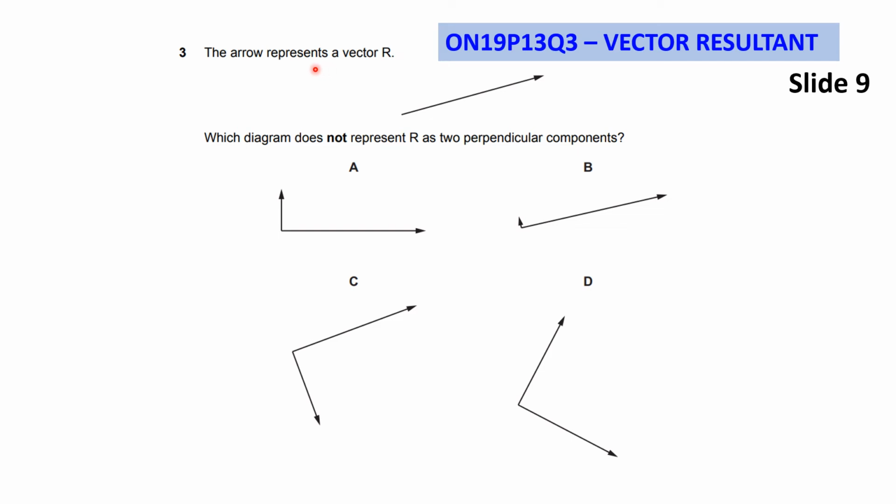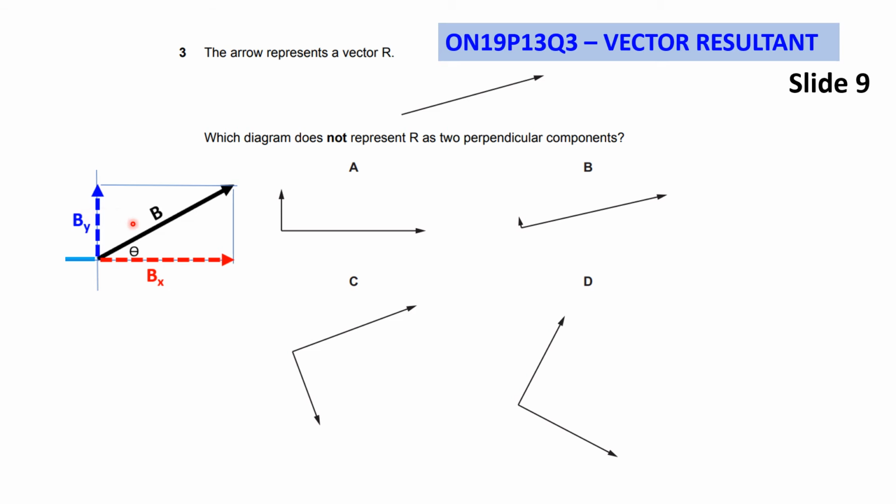So here is what happened. The arrow represents a vector R. Which diagram does not represent R as two perpendicular components? Remember the vector B when I was explaining the triangle method: because it's not aligned with the X and Y directions, I have to break it into its components on the X direction and Y direction.